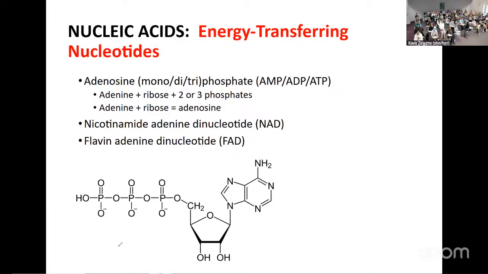So bonds between different atoms contain energy in them. So when we break them, we release the energy in the bond, and we can use it to power other processes. So we have a picture of adenosine triphosphate here at the bottom, but we're going to have an important reaction where we break and form a bond.